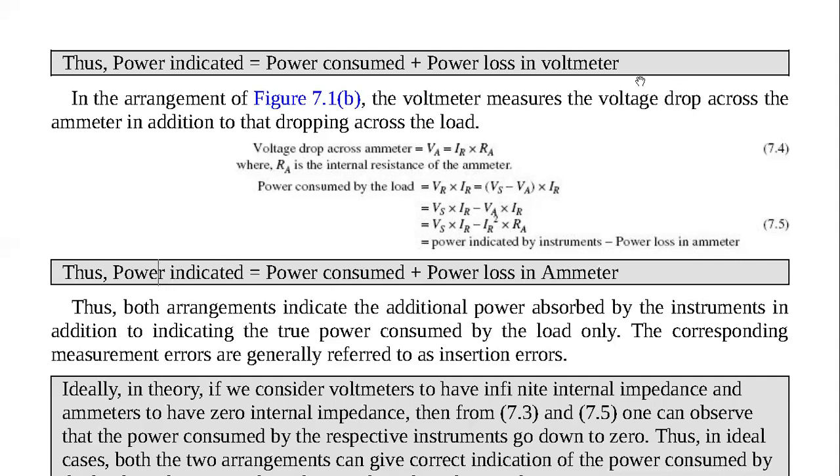Therefore, both arrangements indicate the additional power absorbed by the instruments, in addition to the true power that is consumed by the load only. The corresponding measurement errors are generally referred to as insertion errors.